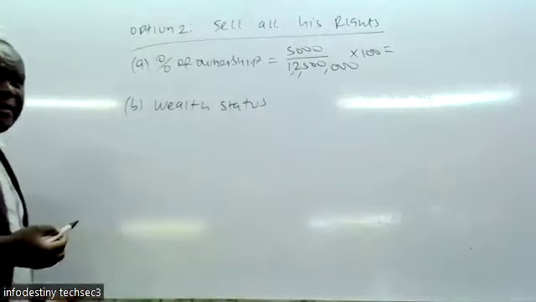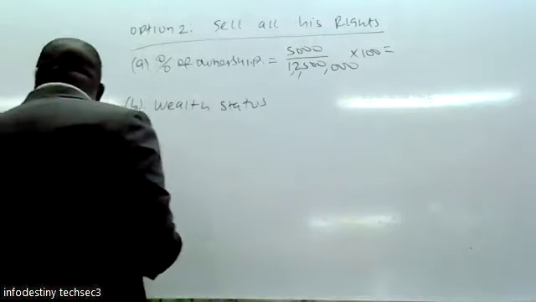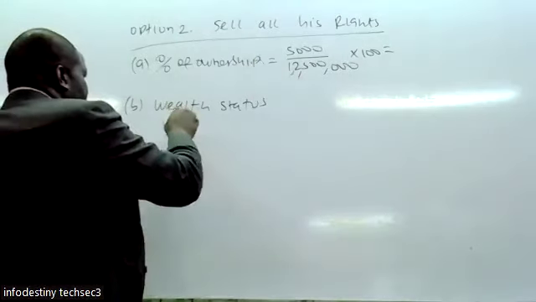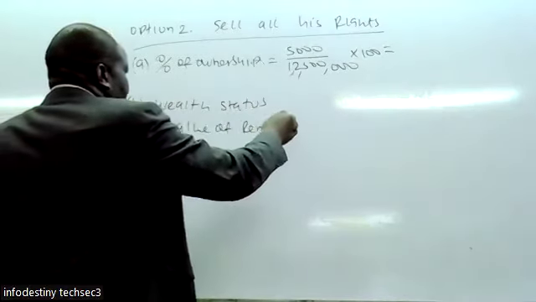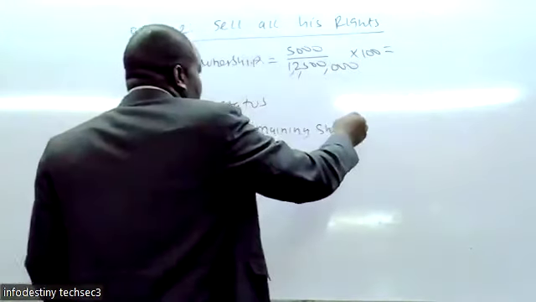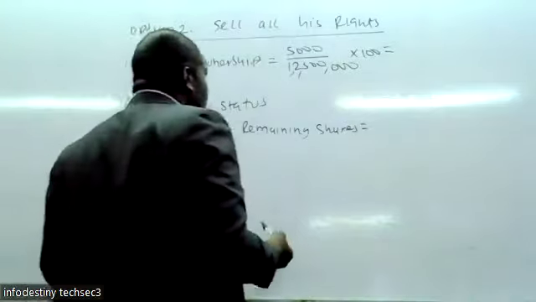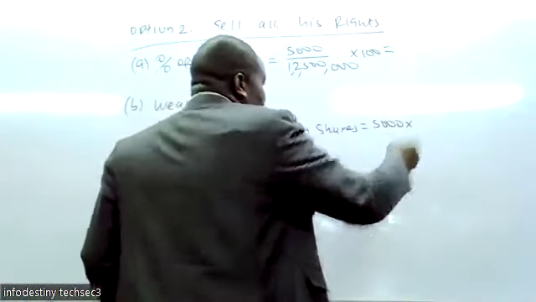For the wallet status, we start off with the value of the remaining shares. You will be left with the 5,000 shares you had before.